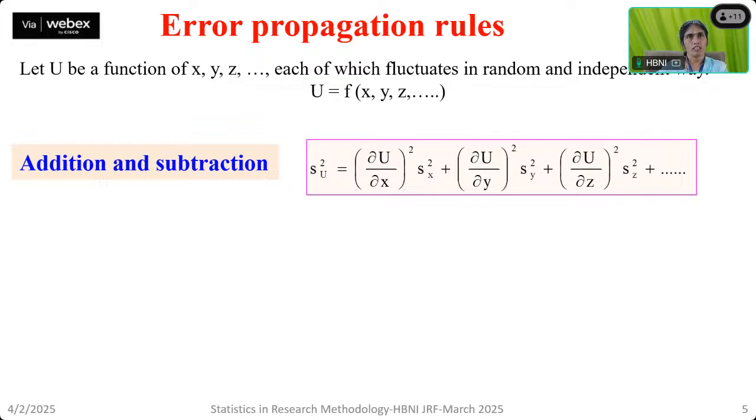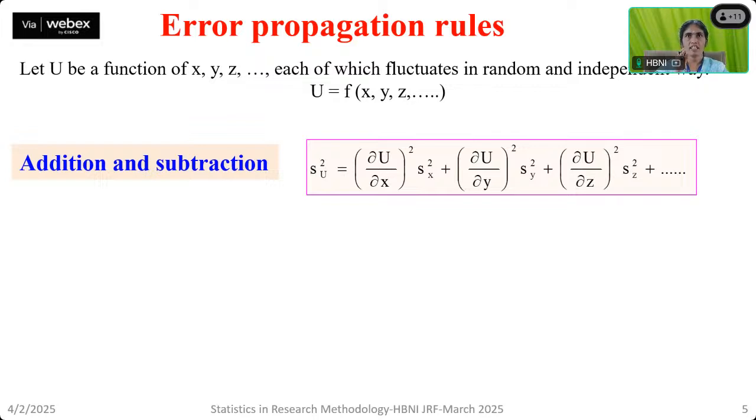U is a function of x, y, z, and the general propagation says that in the case of addition and subtraction, you can see that the variances are additive. Generally, what we do is we see the variation in the function u with respect to that of individual contributing factors such as x, y, z, keeping the other parameters fixed.